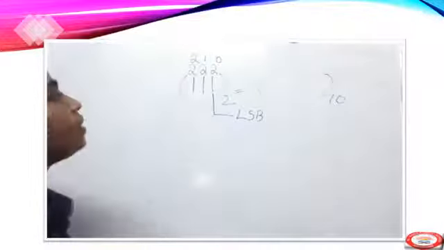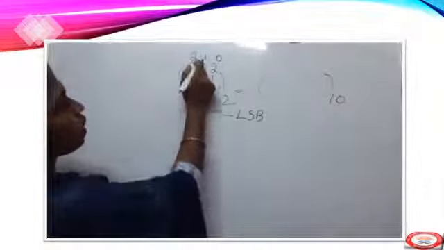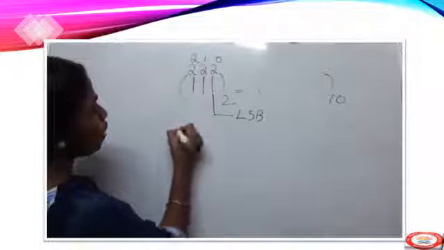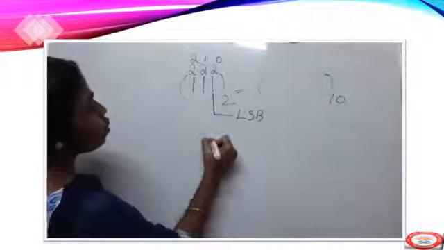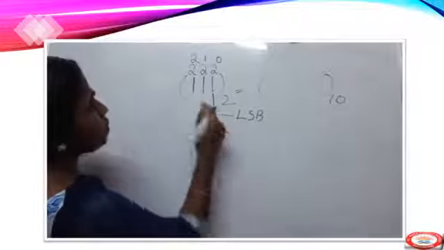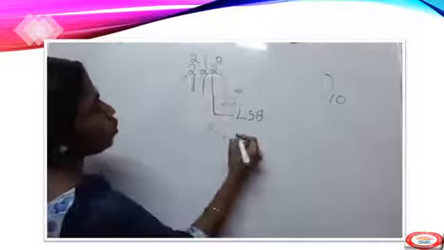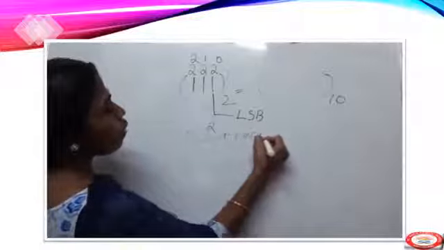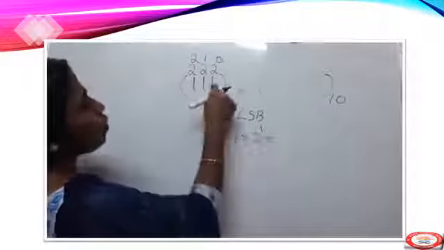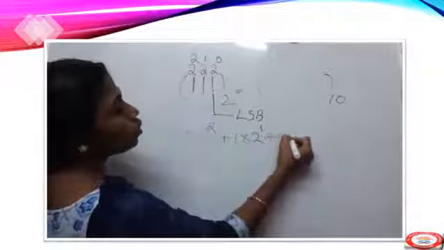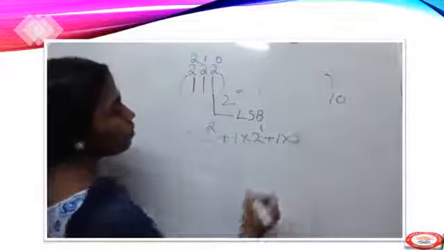Okay. Clear? Then that is 1 into 2 to the power of 2 plus 1 into 2 to the power of 1 plus 1 into 2 to the power of 0.